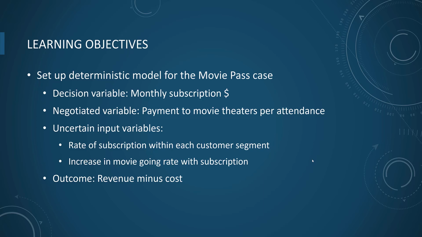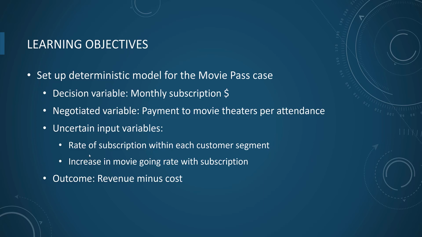Somebody who watches a lot of movies will find this a good deal, so they will buy. People who don't watch many movies are not very interested. But because of the dynamics, the people who do not watch a lot of movies are more profitable than the ones who watch a lot, who buy this, use up a lot of coupons, and end up being the costly customers.